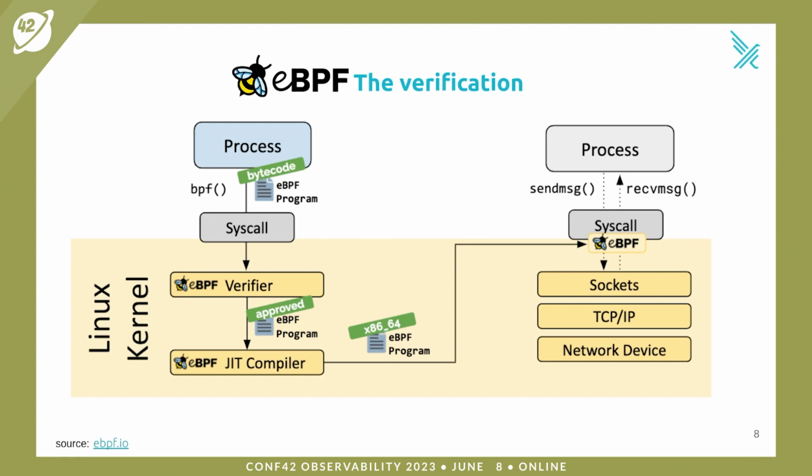If the code is approved, it will be compiled into bytecode and injected into the kernel, and it will run inside a sandbox. The verification is there to ensure you don't have any security flaws, you don't create infinite loops, and you don't create overhead and bad performance in your system. Everything is there by default, by design, to ensure stability and security.